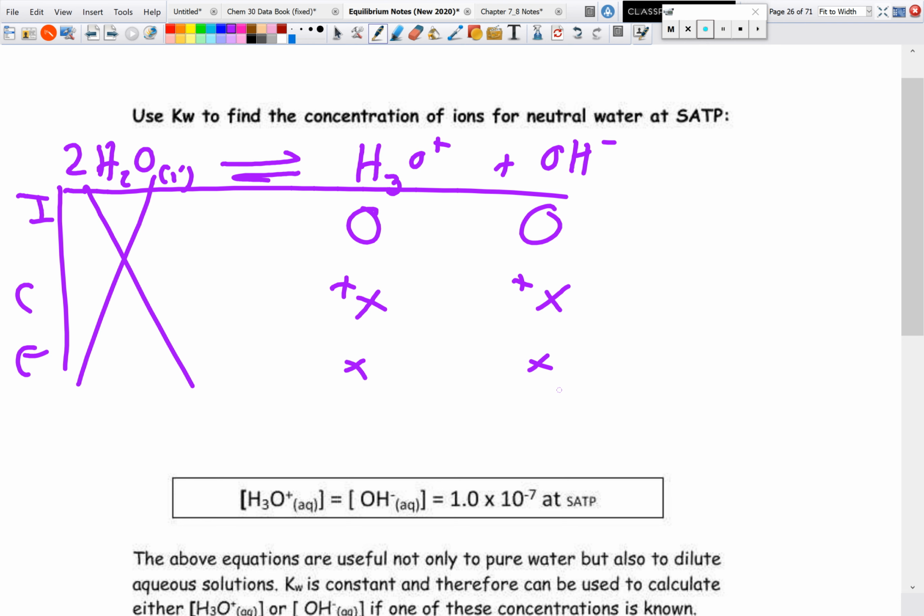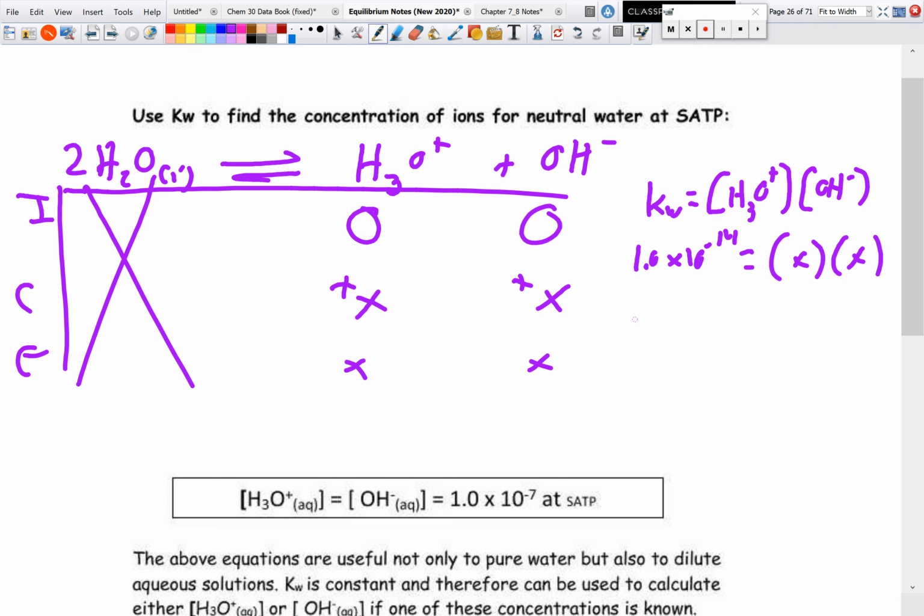So if we did a little bit of math, Kw is equal to the concentration of hydronium times hydroxide, so 1.0 times 10 to the negative 14 is equal to X times X. So 1.0 times 10 to the negative 14 is equal to X squared.